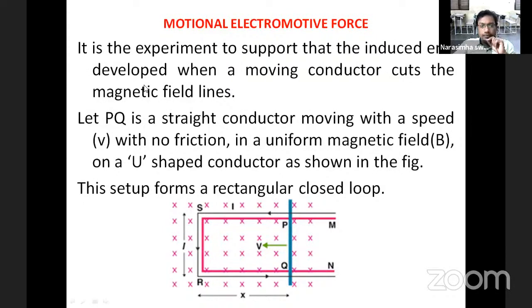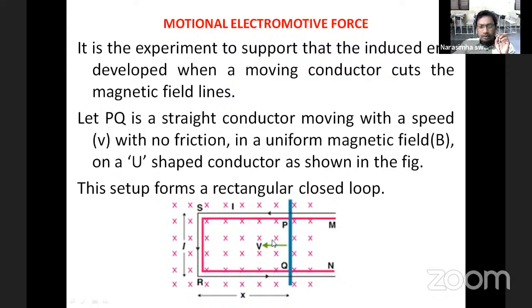Look at this now. The induced EMF is developed when the moving conductor cuts the magnetic field lines. Cutting the magnetic field lines means it is moving across the magnetic field lines. Understood? The magnetic field is perpendicular to the paper, meaning directed inside the paper, and the rod is moving across the magnetic field.